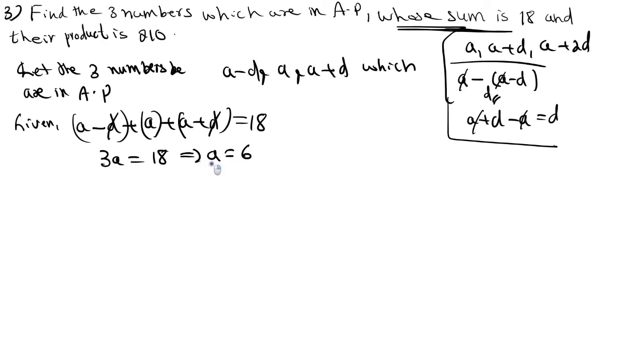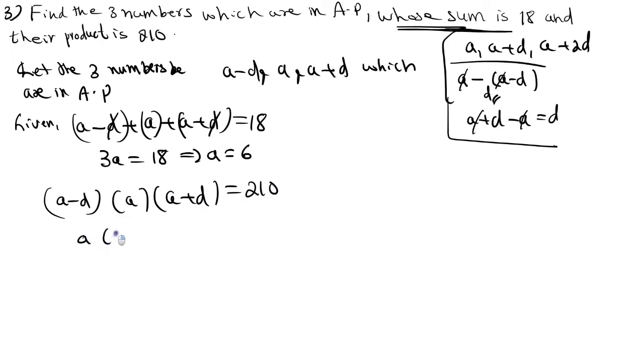Now, the second data is the product is 210. Product of these three numbers, that is a minus d into a into a plus d, is equal to 210. You can rearrange this equation as a into (a minus d) into (a plus d) is equal to 210.